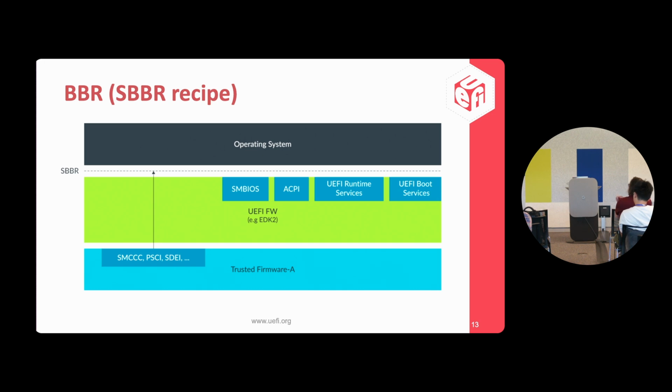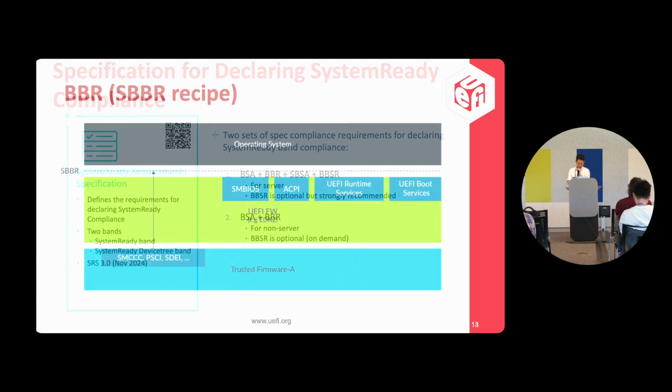That could be EDK2, Coreboot, or any different firmware implementation, just like Dong mentioned. And you need to implement the SMCCC, PSCI and SDEI interfaces in your trusted firmware for supporting the generic OS.